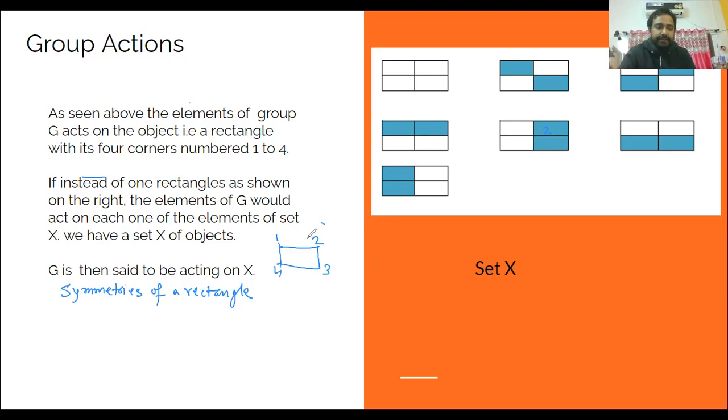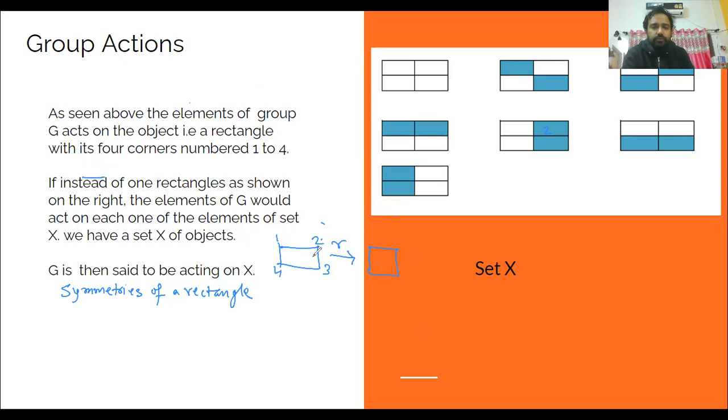So let's see what a rotation by 90 degrees does to it. Rotation by 90 degrees, say we represent by R, is anti-clockwise.